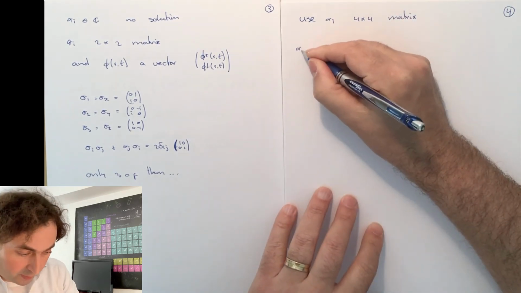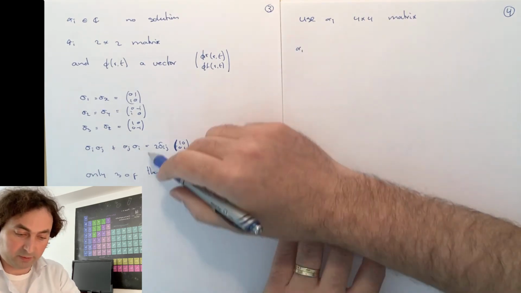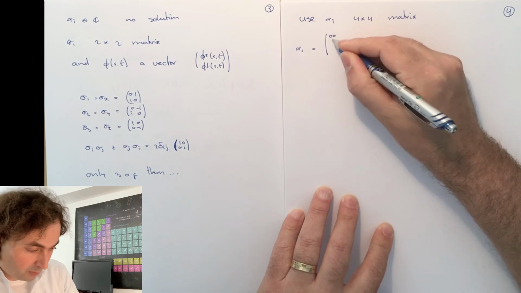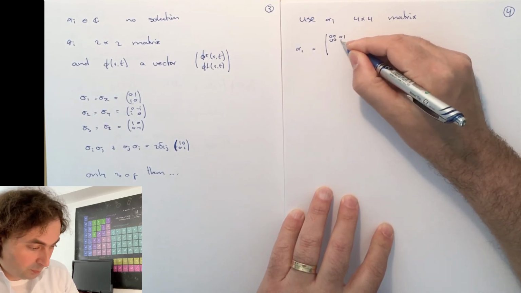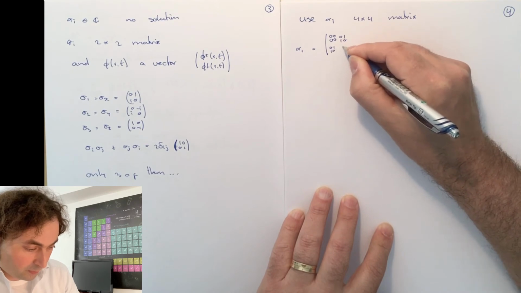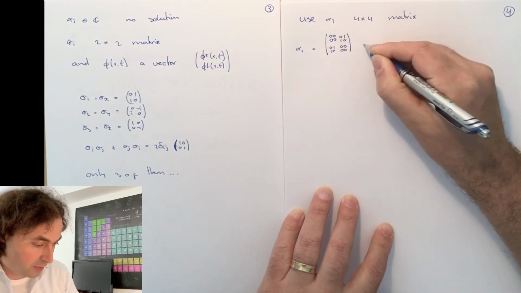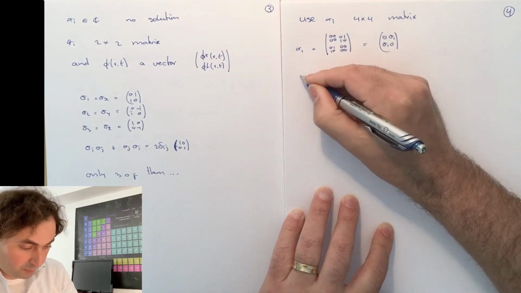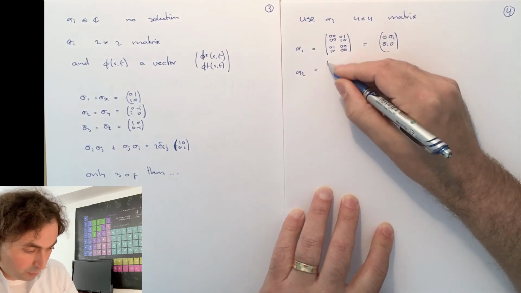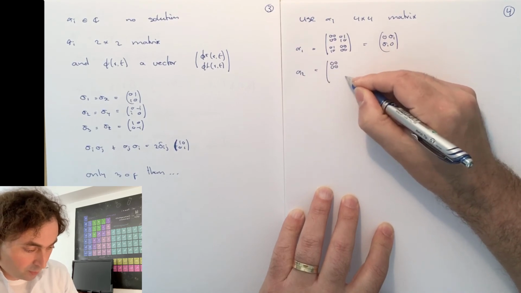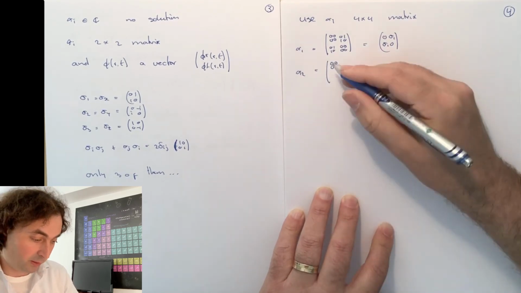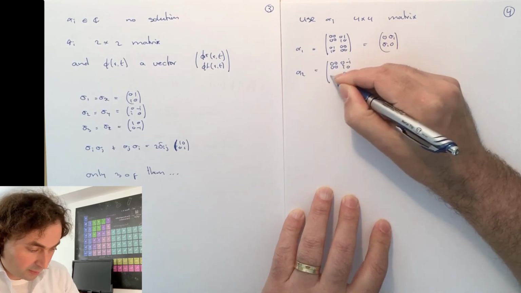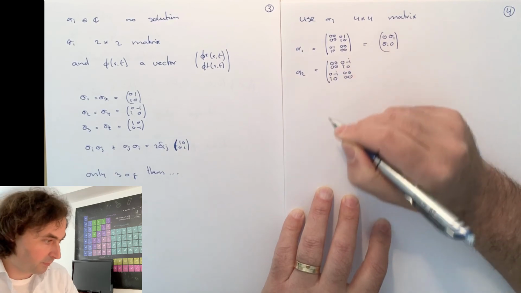And now, of course, we can choose 4 matrices that fulfill these conditions. Alpha 1. Let's just pick the Pauli matrices for that. Sigma 1, sigma 1, but now 2 of them. And the same for alpha 2. On the diagonal, we make 2x2 zero matrices. Minus i, i, 0, minus i, i.